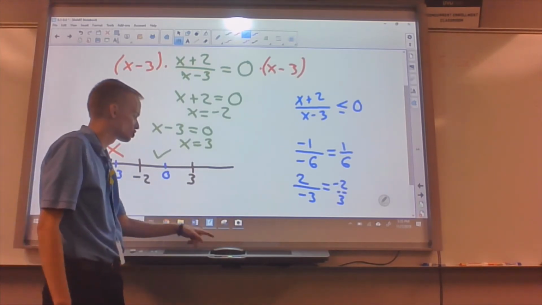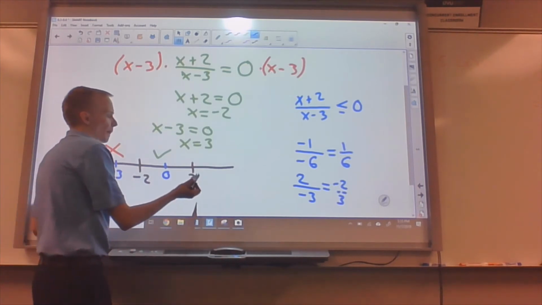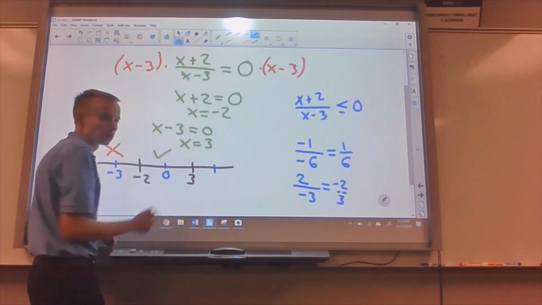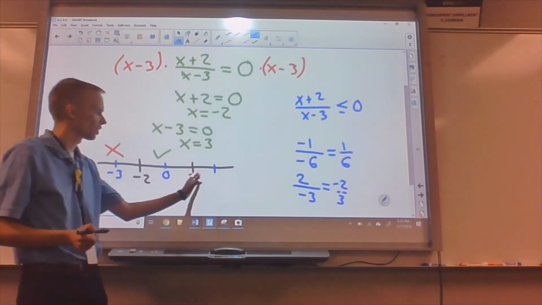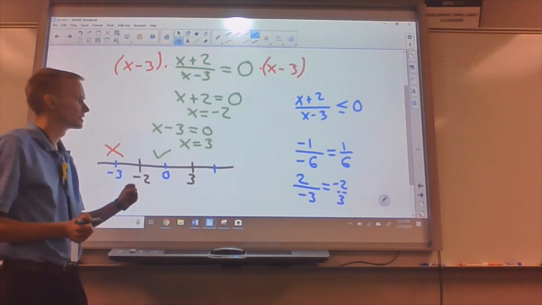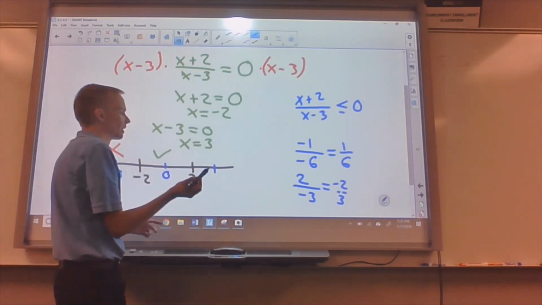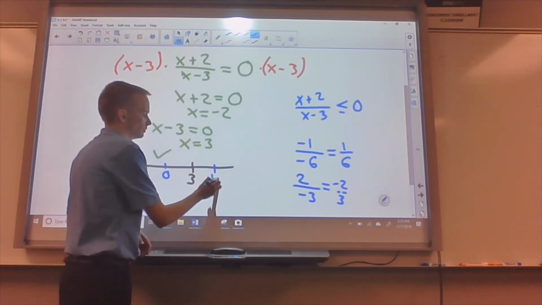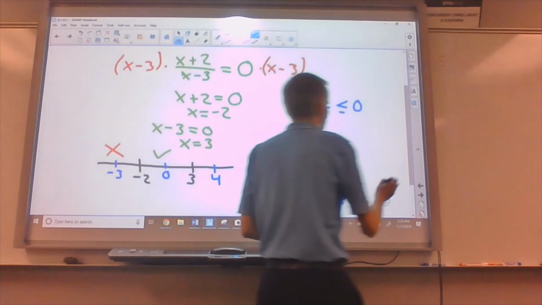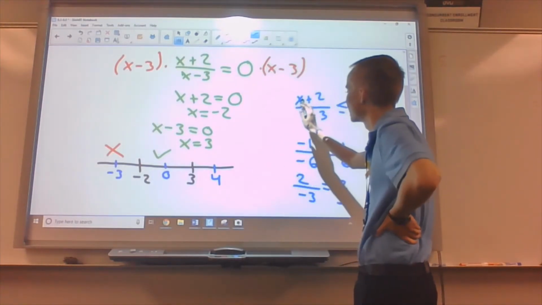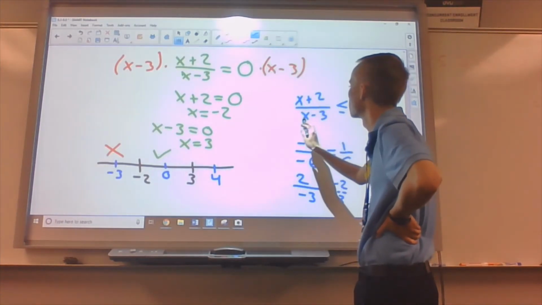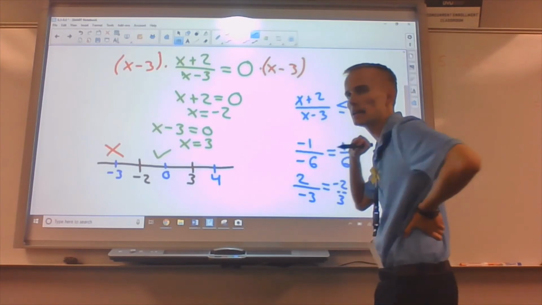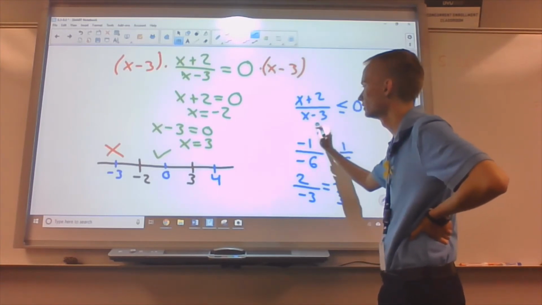Okay. Now we just need to check, does it work over here? Okay. Bigger than 3, is the inequality true? So I pick another number. 4. Let's do 4. So when I plug in 4, I get 6 on the top. 4 minus 3 is positive 1.